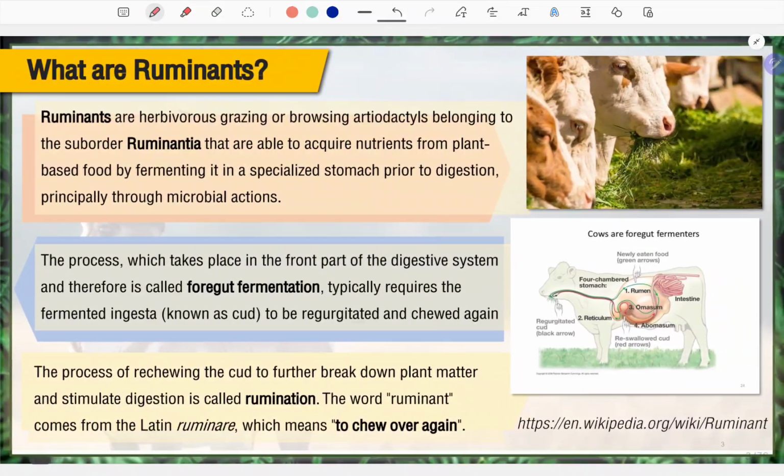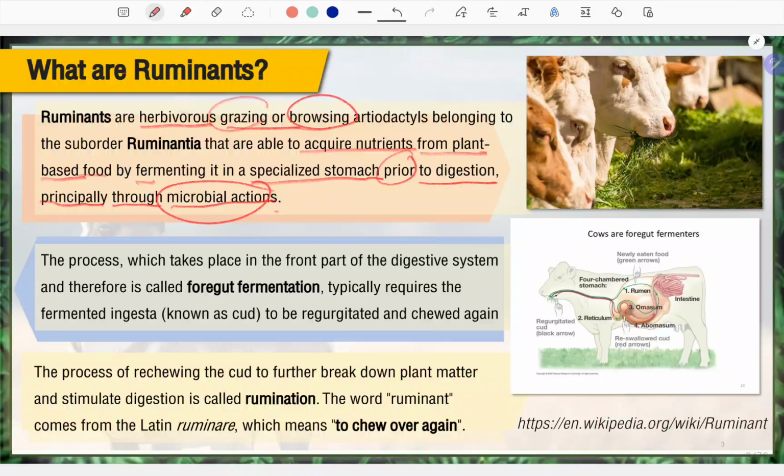What are ruminants? Ruminants are herbivores, grazing or browsing. They acquire nutrients from plant-based feed by fermenting it in a specialized stomach prior to digestion, principally through microbial action.